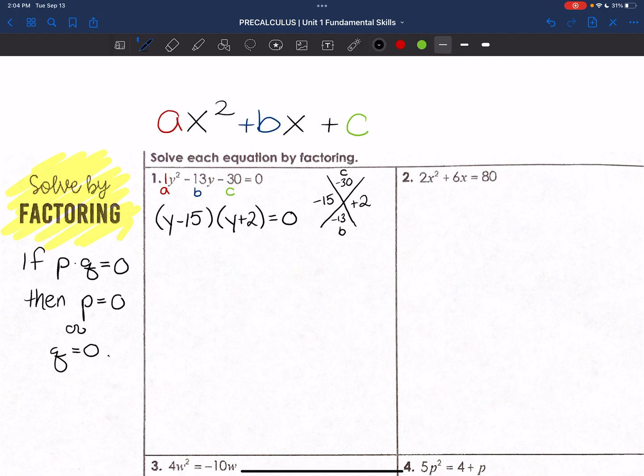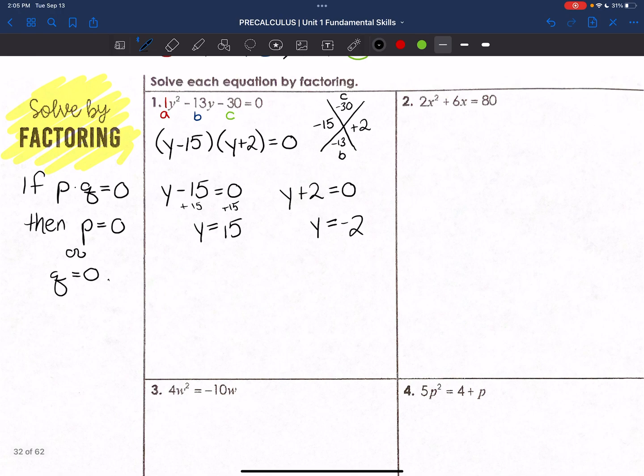So using that property, we will say that, well, y minus 15 equals 0, or y plus 2 equals 0. That means, ladies and gentlemen, that y equals, solve it. What's that going to be? If you add the 15 on each side, y is 15 and y is negative 2.